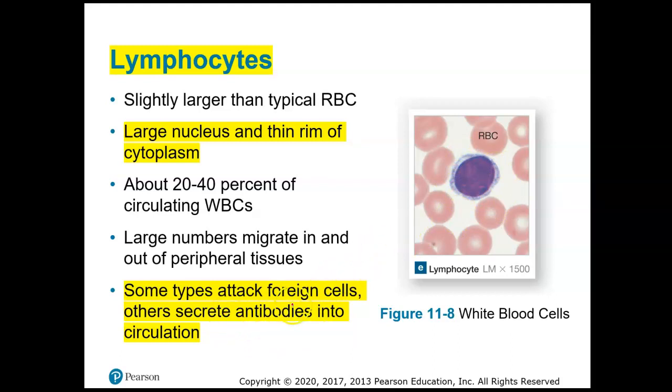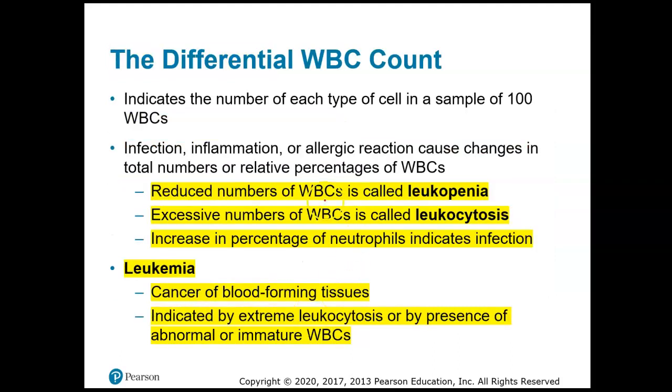Some lymphocytes attack foreign cells and other lymphocytes produce antibodies, but they definitely respond to specific pathogens. The pathogen has to be, say, the COVID virus or E. coli bacteria. Each lymphocyte responds to a specific thing, specific threat.